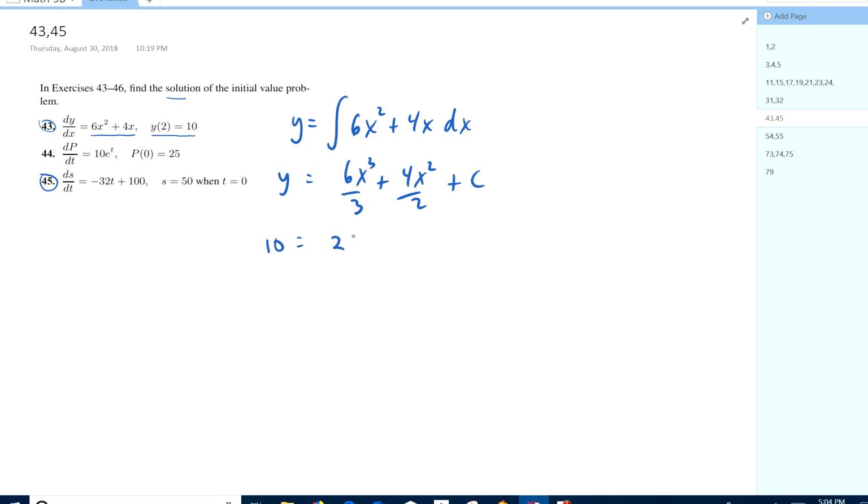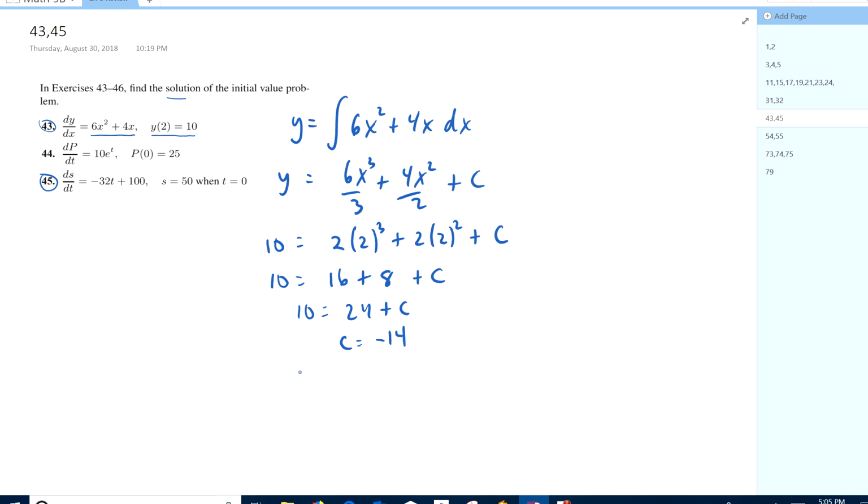So it's going to be 2 times 2 cubed plus 2 times 2 squared plus a constant. So 8 times 2 is 16 plus 4 times 2 is 8. So that'd be 10 equals 24 plus c, so c would be negative 14.